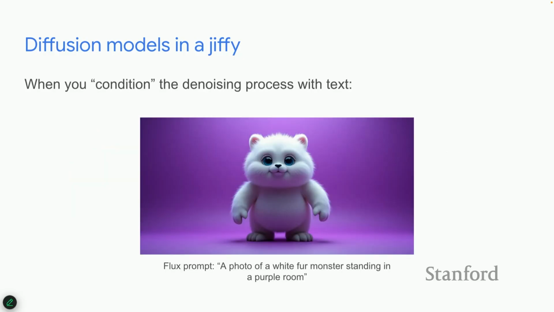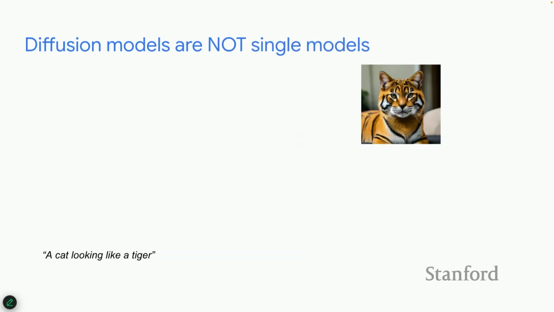When you start conditioning the denoising process with text, for example, you can condition in lots of ways, but I think text is one of the more liberating conditions. As you start conditioning the denoising process with text, you get abstract creatures like this. You will start feeling very liberated with text to image, as I like to believe.